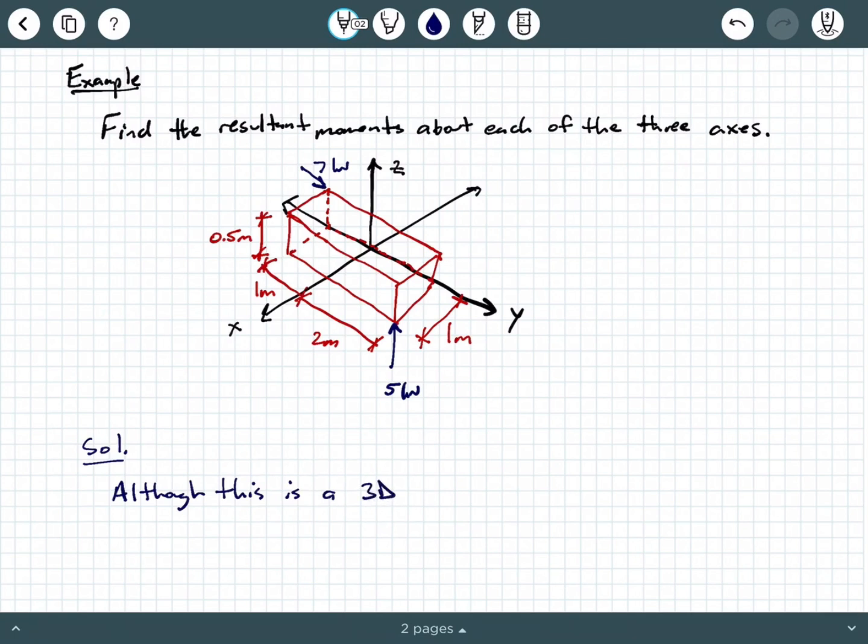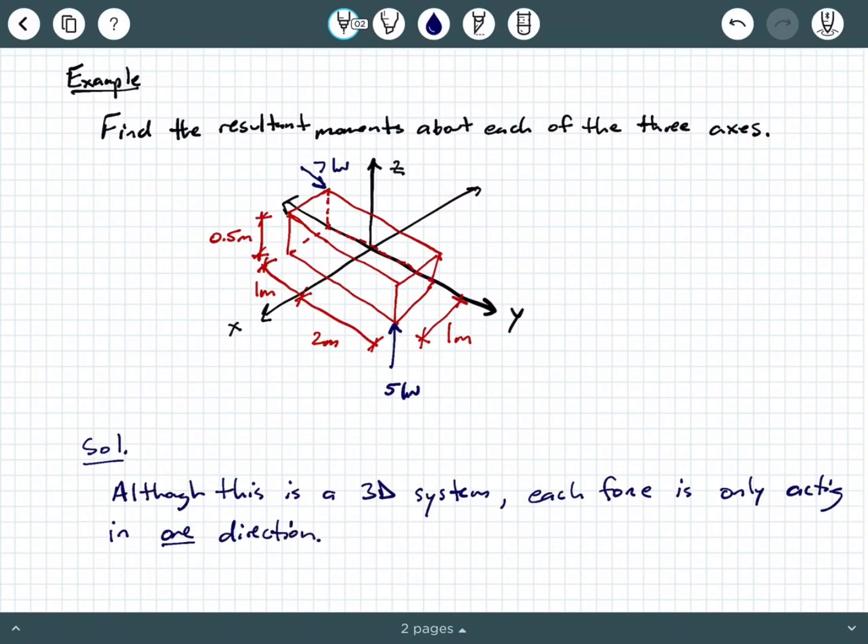this is a 3D system, it's clearly 3D, each force is only acting in one direction, right? So the 7 kilonewton force is only acting in the positive y direction, and the 5 kilonewton force is only acting in the positive z direction.